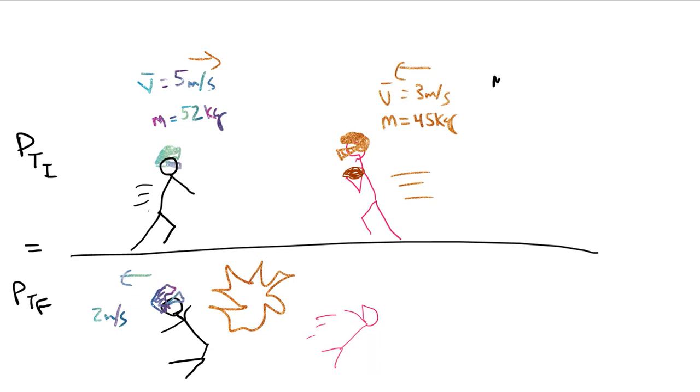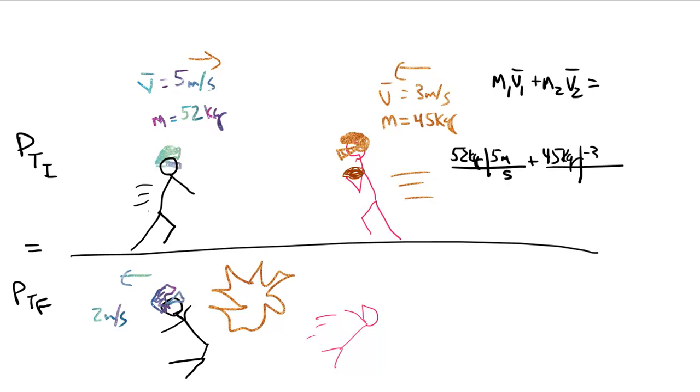So it's going to be m of the first guy times his velocity plus m of the second guy times his velocity. That's 52 kilograms times 5 meters per second plus 45 kilograms times a negative 3 meters per second because they're going to the left.